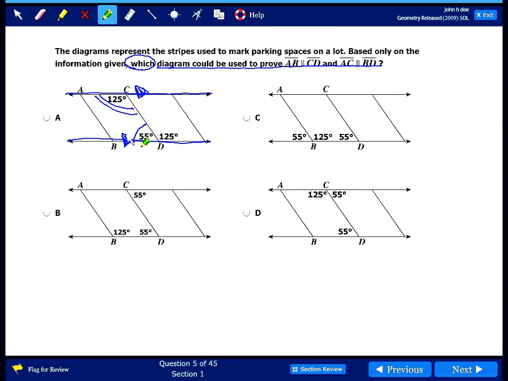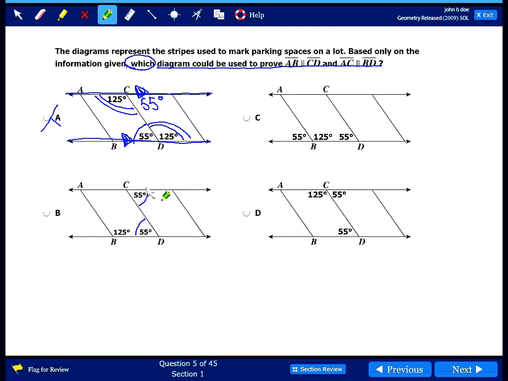Of course we know this is 125, but we don't know anything else from this. We also know this is 55, but in no way do we have any information to tell us that the other two lines are parallel. So A isn't the right answer. Let's take a look at letter B. So this time we have these two angles.